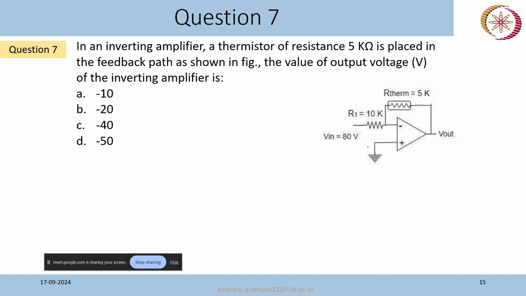So you already know what the gain for an inverting amplifier is, and the input voltage is given, which is a DC voltage in this case. It can be an AC signal also for an amplifier. The input can be anything.